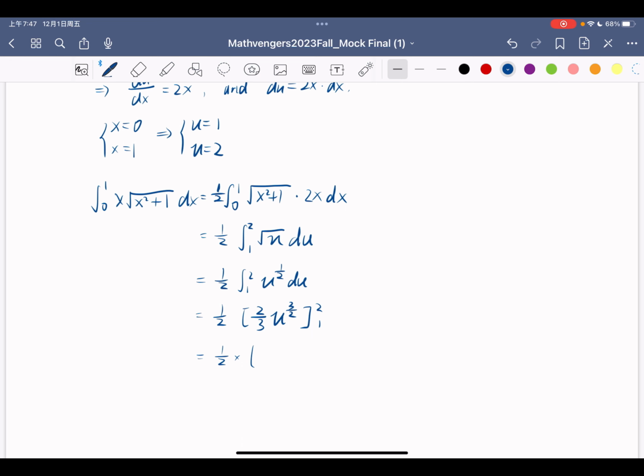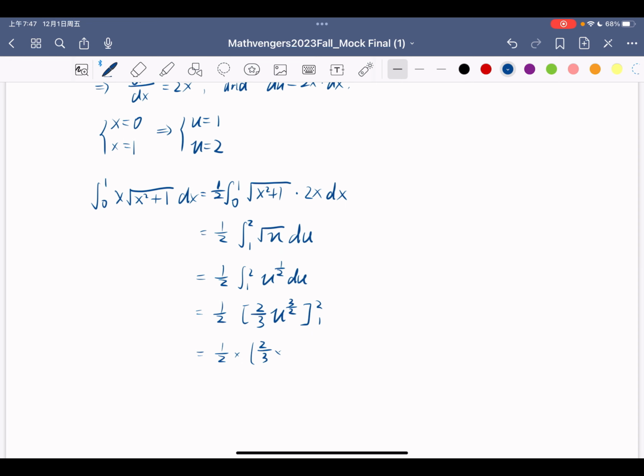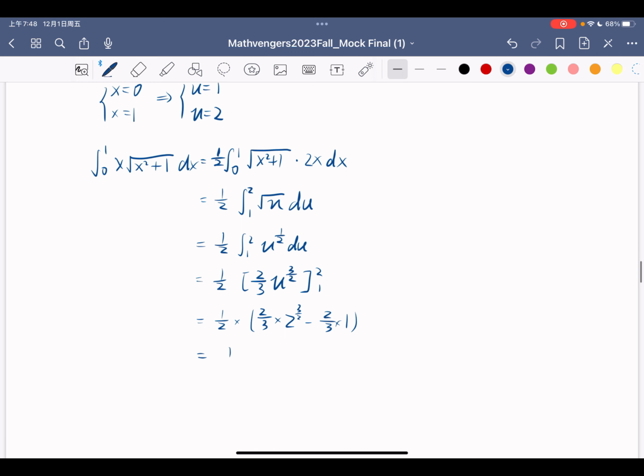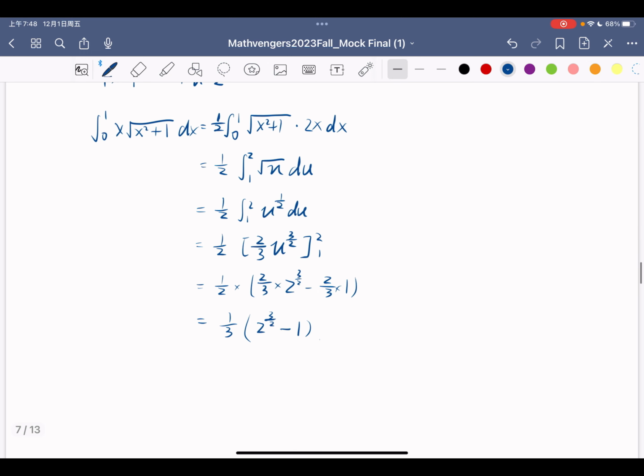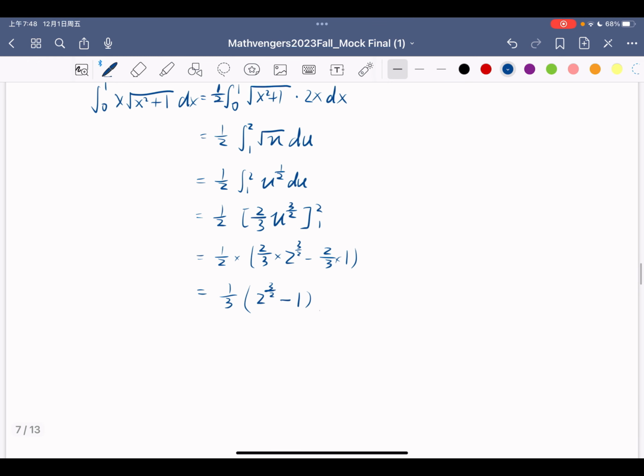We substitute 2 and 1 into the function, minus the value at 1. So we get the answer. This is our final answer. You can also write it as 2 times the square root of 2 minus 1, over 3.